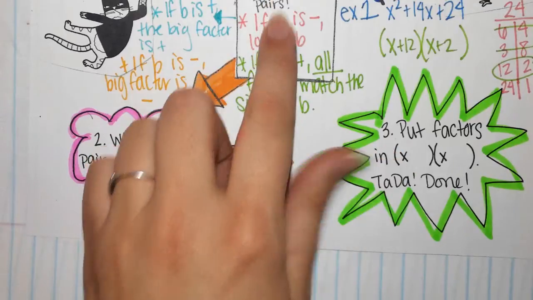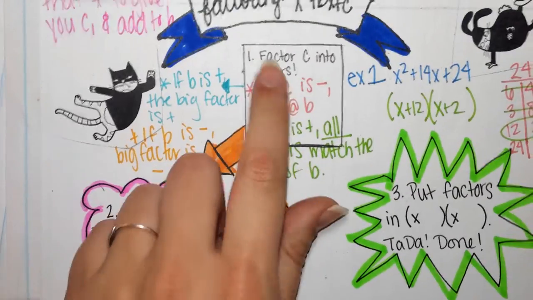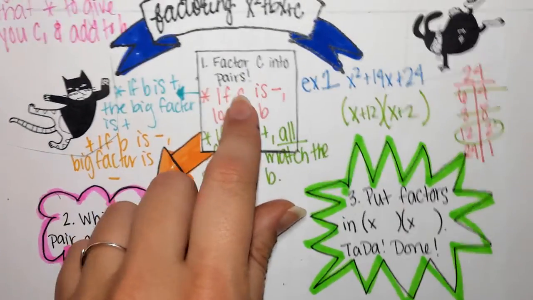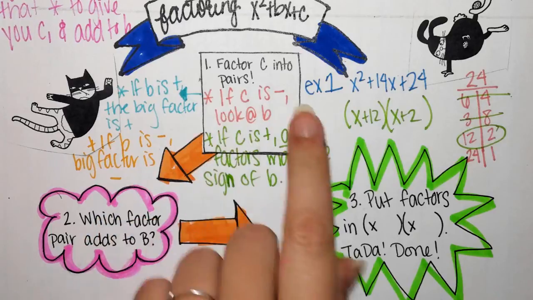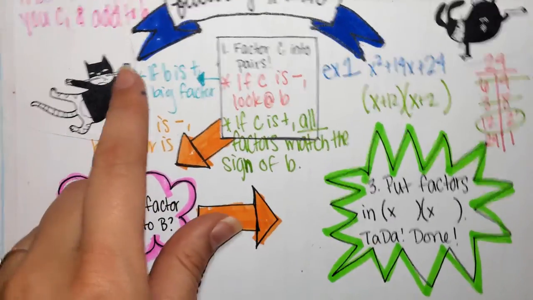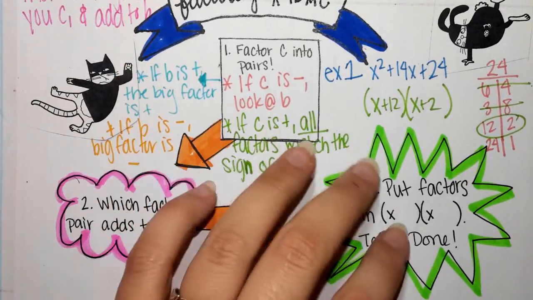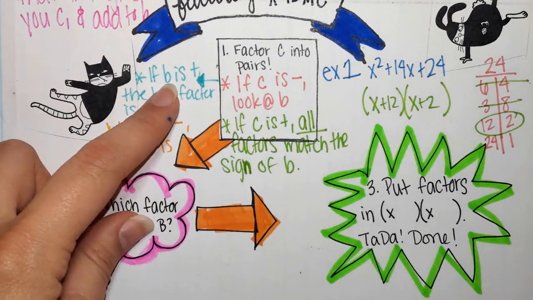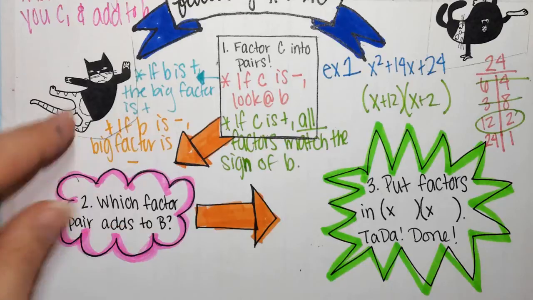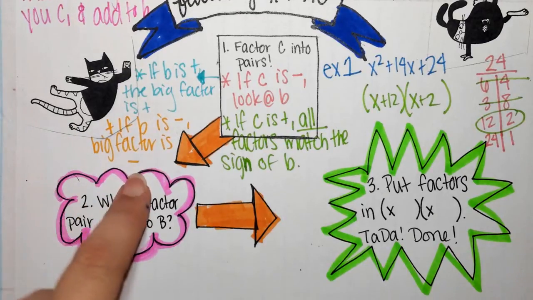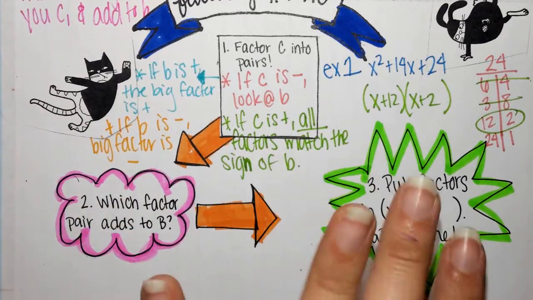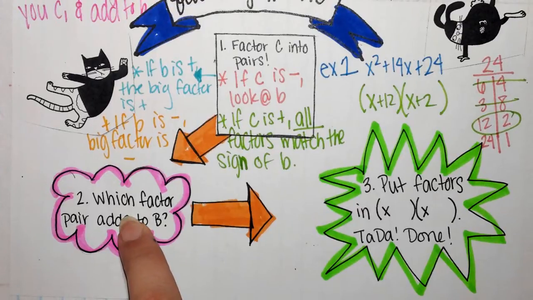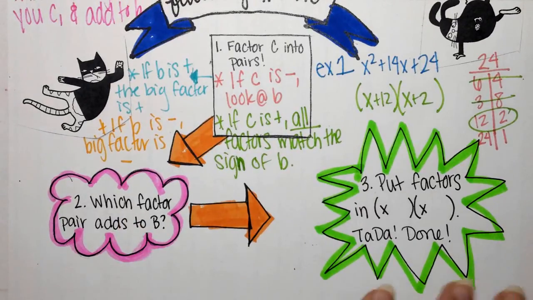So, looking at C. The first thing you do is look at C. If C is negative, we take a look at B. If B is positive, that means our big factor has to be positive. If B is negative, our big factor has to be negative. Otherwise, it won't add right to give you the B when we factor.